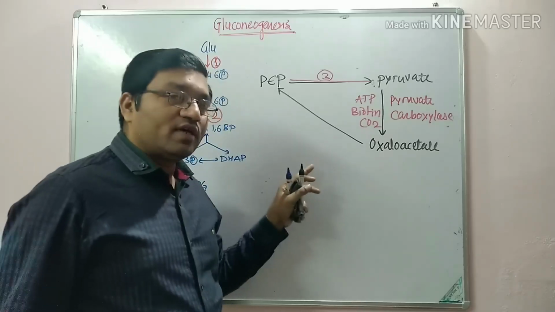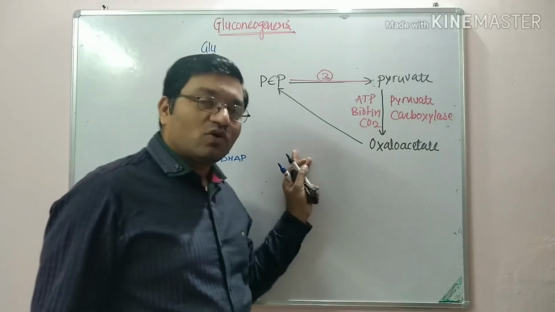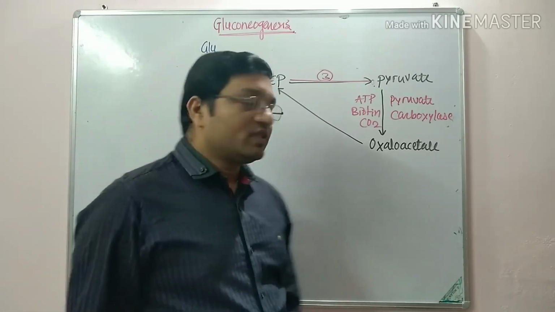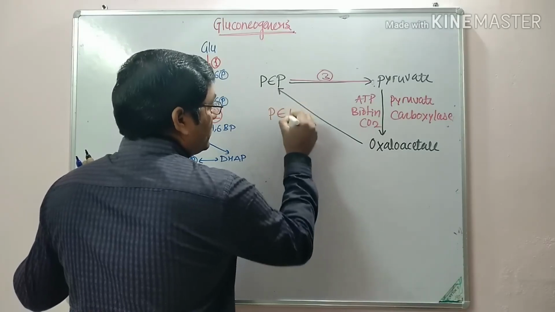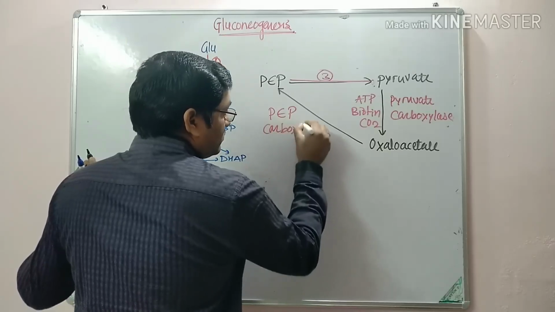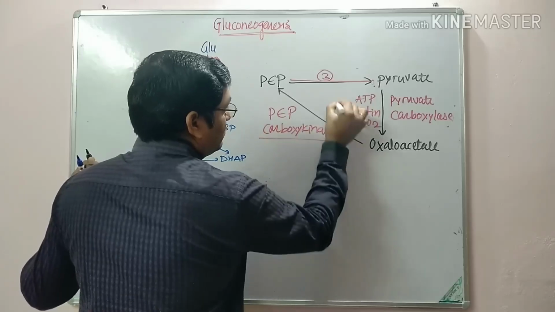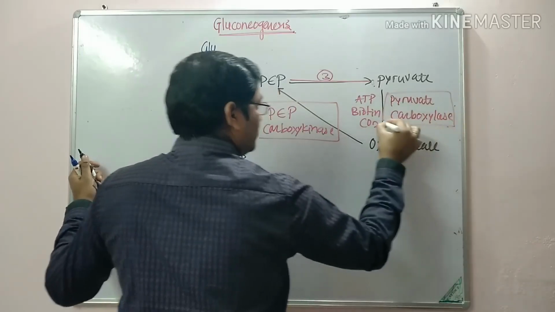Malate is transported out of the mitochondria, and malate is then again converted into oxaloacetate, and then oxaloacetate gives phosphoenol pyruvate with the help of the enzyme phosphoenol pyruvate carboxykinase. This is also an important enzyme.